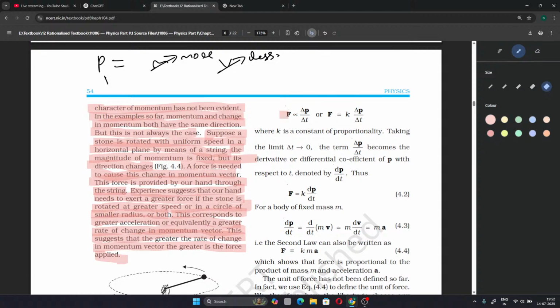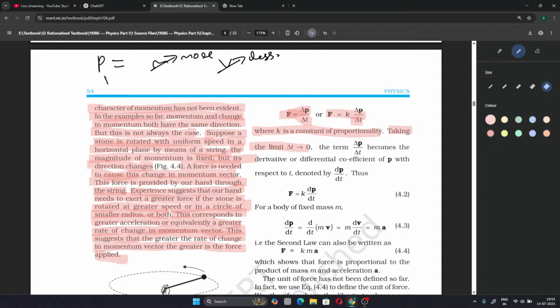Force is directly proportional to the change in momentum, and force is inversely proportional to the change in time. The higher the time interval, the lower the force that needs to be applied. So we introduce a proportionality constant K: F equals K delta P by delta t, where K is a constant of proportionality.